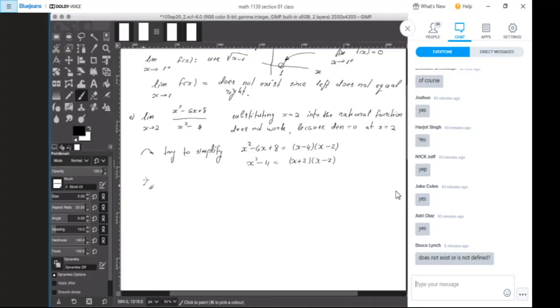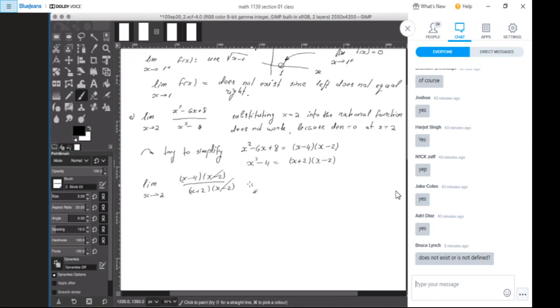So we'll have the limit as x goes to 2 of x minus 4 times x minus 2, divided by x plus 2 times x minus 2.